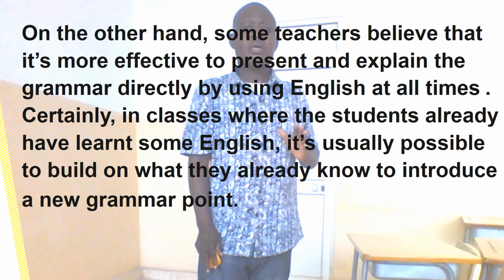On the other hand, some teachers believe that it's more effective to present and explain the grammar directly using English at all times. Certainly, in classes where the students have already learned some English, it's usually possible to build on what they already know to introduce a new grammar point.